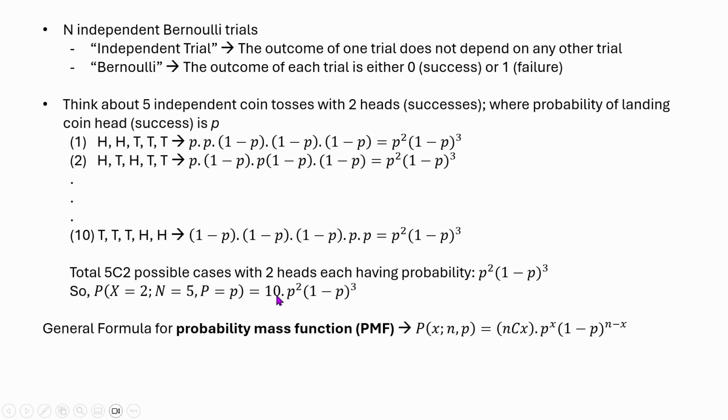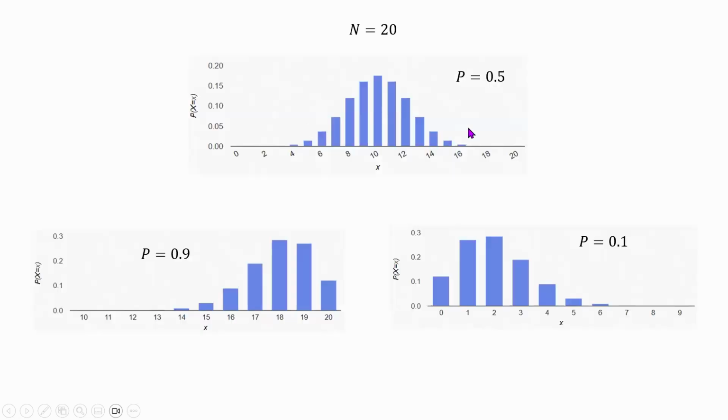So for example, here you see 5C2 equal to 10. nCx into p to the power x, x number of successes, into (1 minus p) to the power n minus x. So the rest are failure. So the PMF is very intuitive and simple. As I mentioned, x is number of success, n is number of trial, and p is the probability of success. So this is how the mass function looks like.